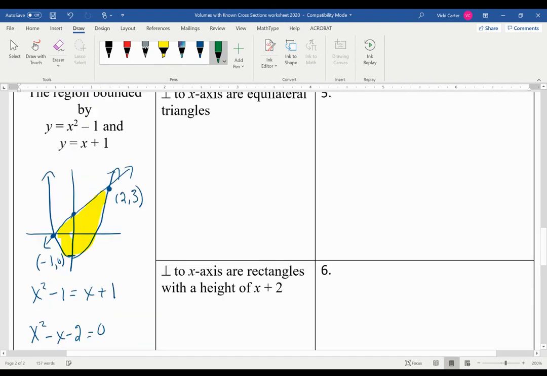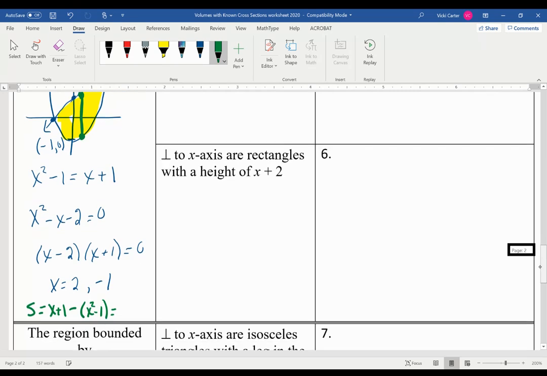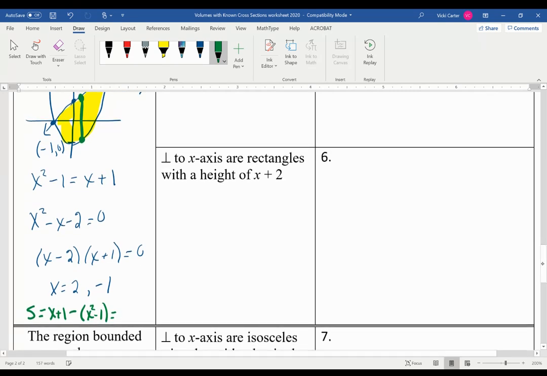Let me draw our little slice here. Let's just pick a sample one right there. So we're going from the line to the parabola. The linear equation is the top curve, and the parabola is the bottom curve. So this is going to give us x minus x squared plus 2, because we have a positive 1 and a negative of a negative 1, which will be another positive 1. It'll be plus 2. So that's the length of our slice.